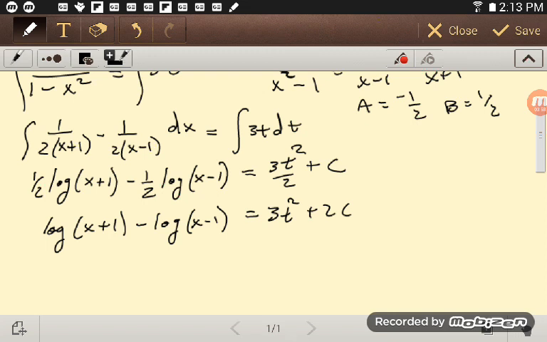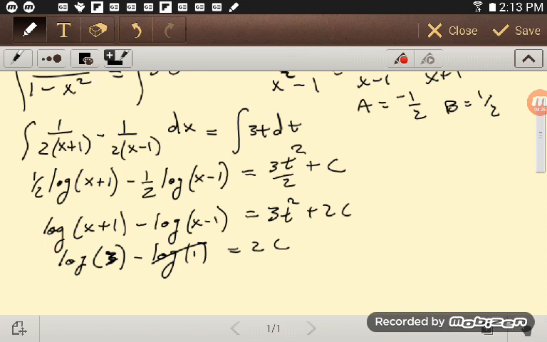So this would be log 2 minus log of 1. Oh wait, x is 2, so that's log 3. Sorry. Log 3 minus log 1 is equal to 2c, but log 1 is just 0. And so what we see is 2c, which is actually what I need, is log 3.